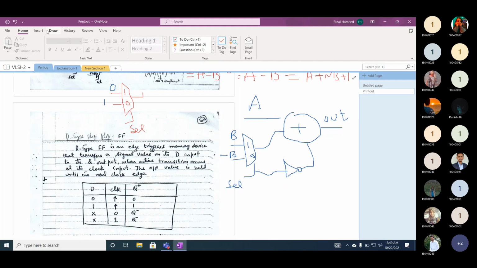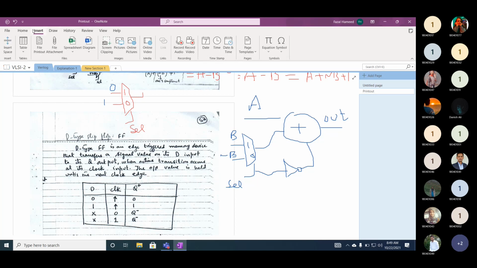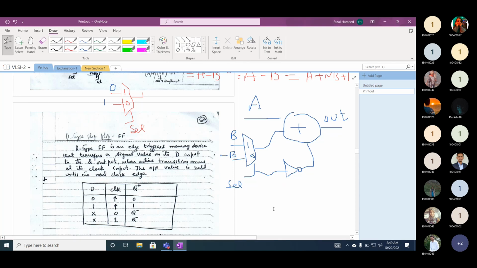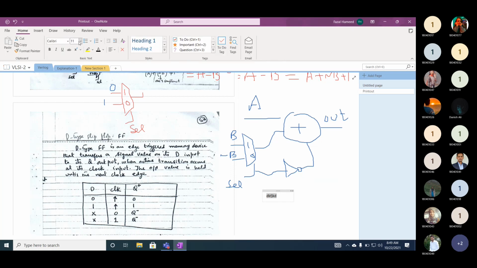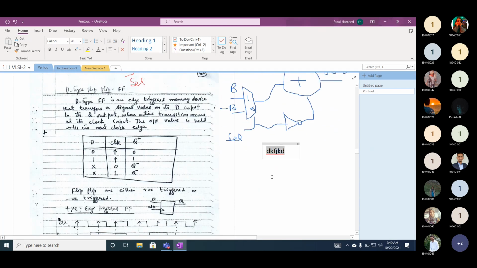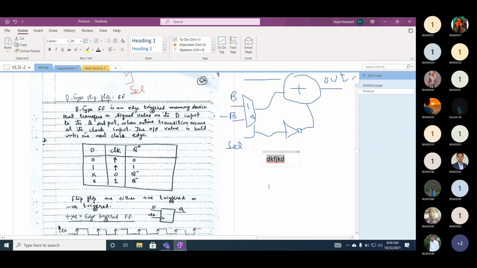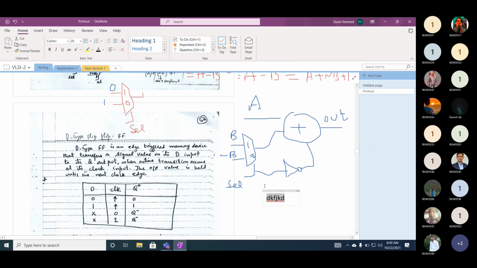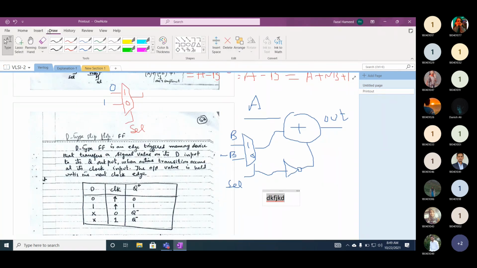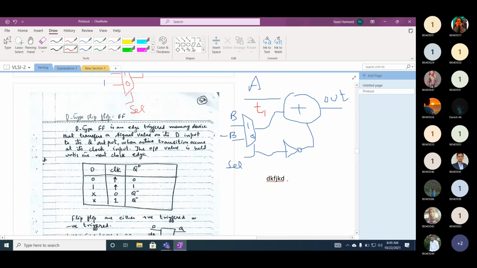But for this particular example, I'm using data flow modeling. A is fixed. So now let's assume we define some signal T1 here. We have to define it as wire T1. So can I write it like this?